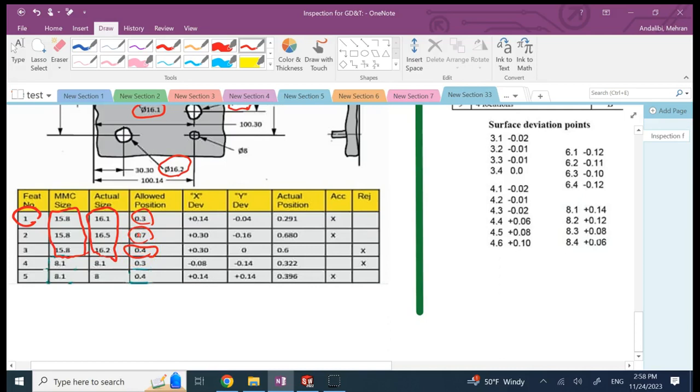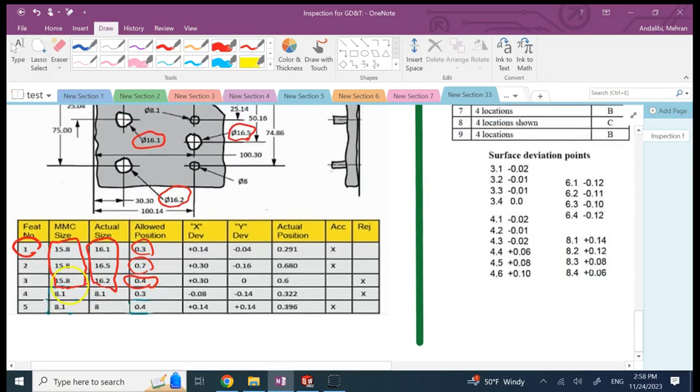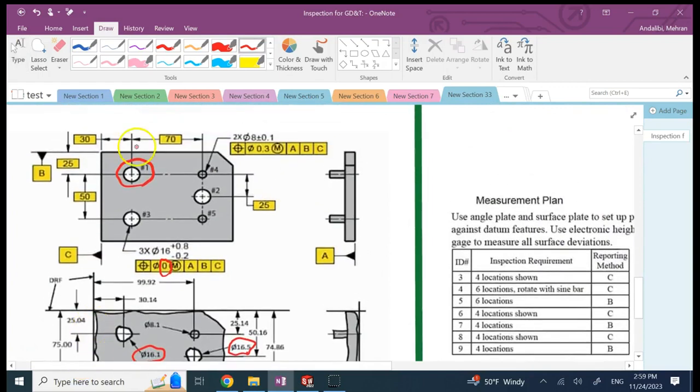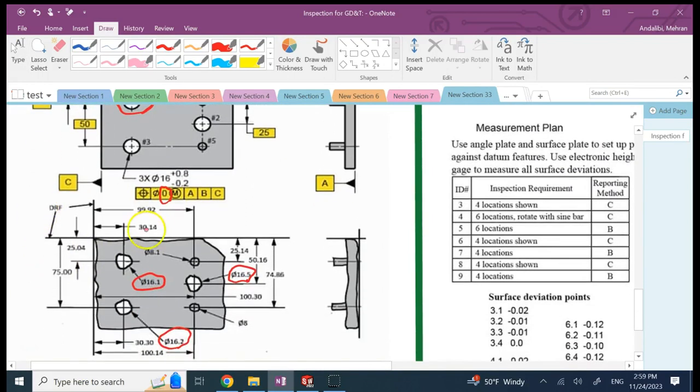Now, in reality, how much am I off? Let's take a look. So if you look at hole number 1, the dimensions that are given for hole number 1 are 30 and what? 25 for the offsets. Now, in reality, what I'm measuring is 30.15 and 25.04.